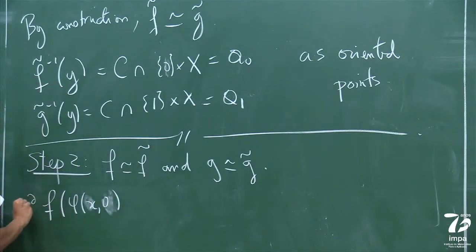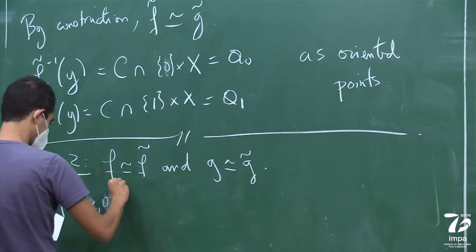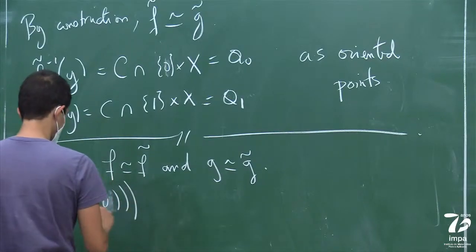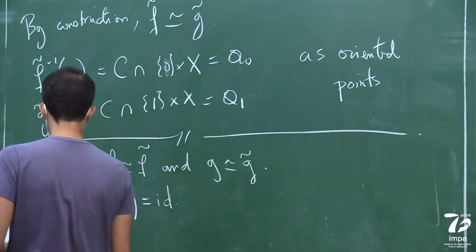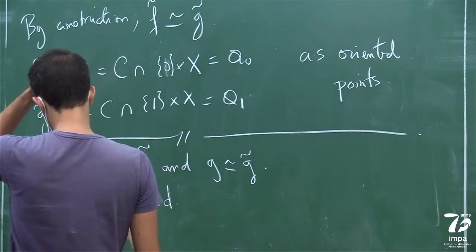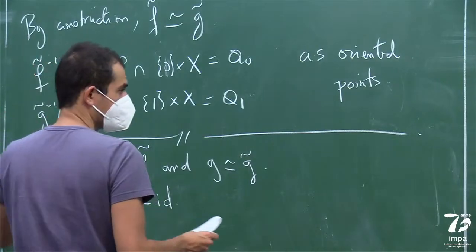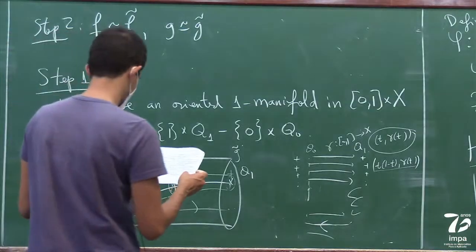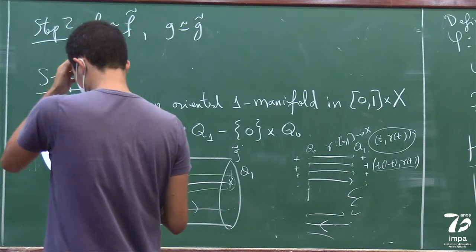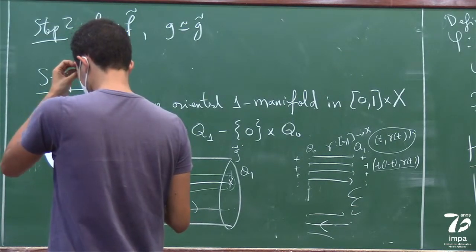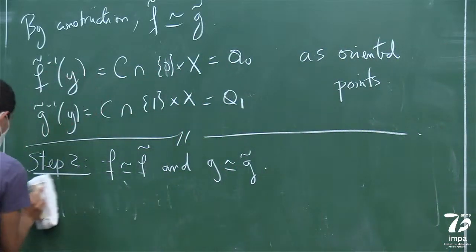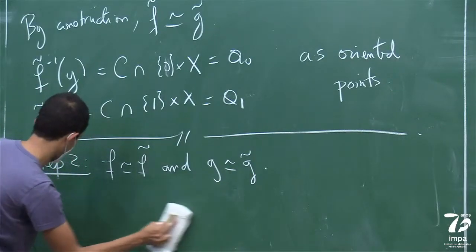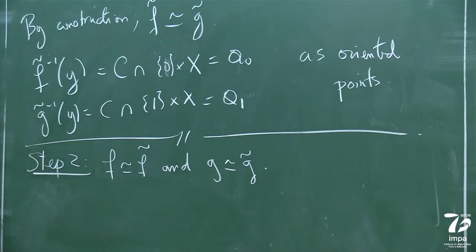I want this derivative to be the identity. Okay. So, sorry. Let me do this again. Sorry, I should have written better notes.